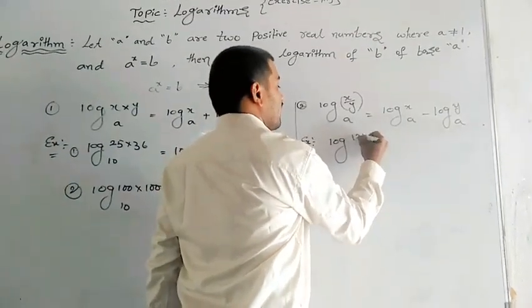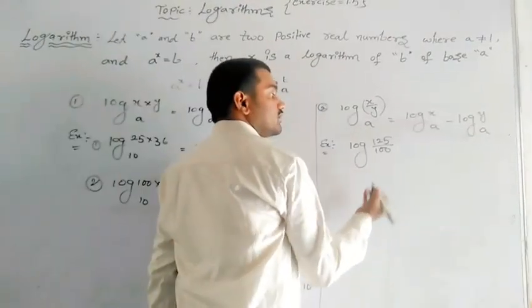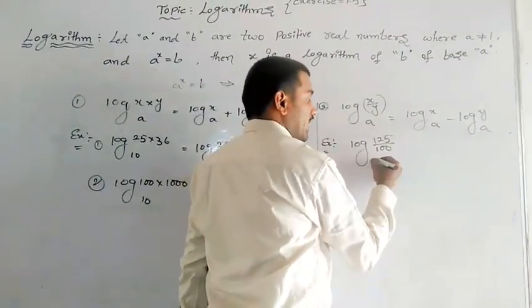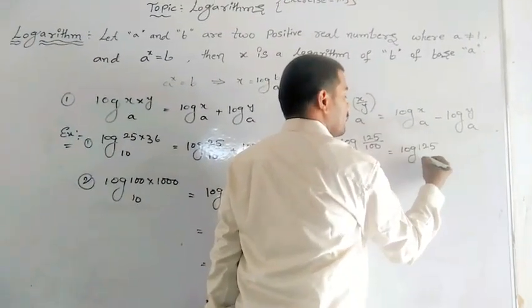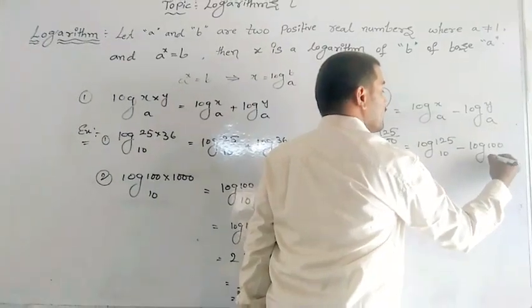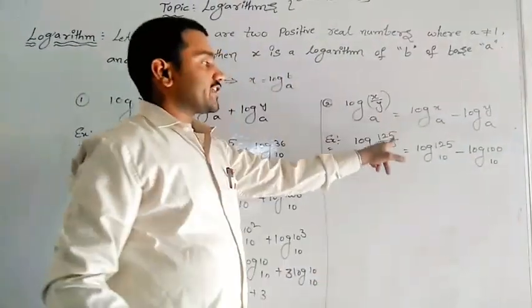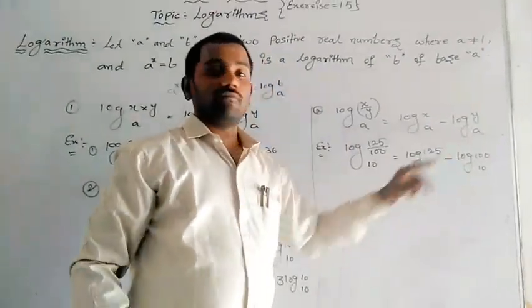Log 125 by 100 of base 10 equals log 125 base 10 minus log 100 base 10. Log x by y we have written as log x minus log y of base 10.